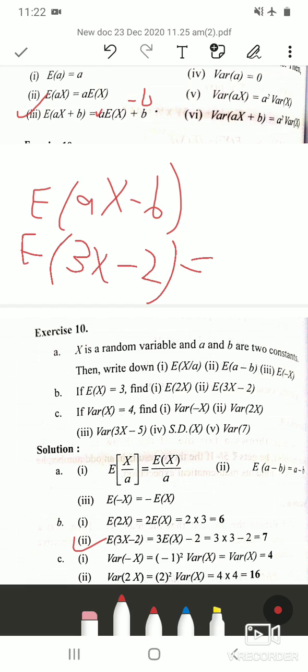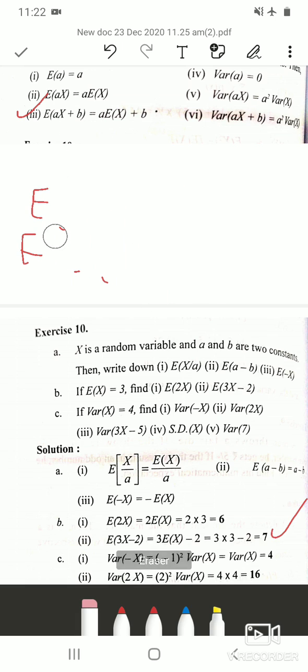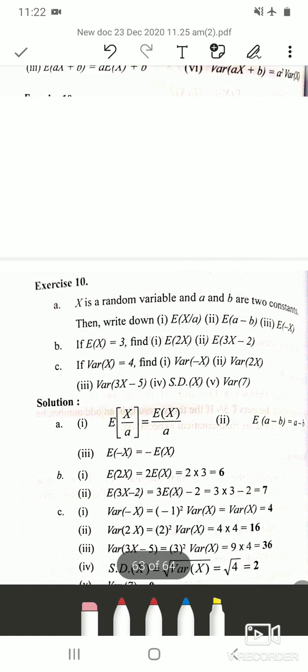So substitute the values of a and b. So a into expectation of x, which is 3 into expectation of x, minus b, which is 2. They have given expectation of x as 3, so substitute. 3 3s are 9, so 9 minus 2, which is 7. So see, using the results you can directly get the answers.